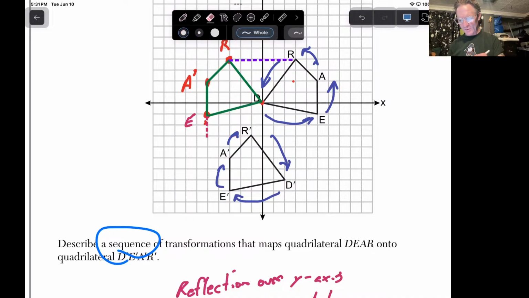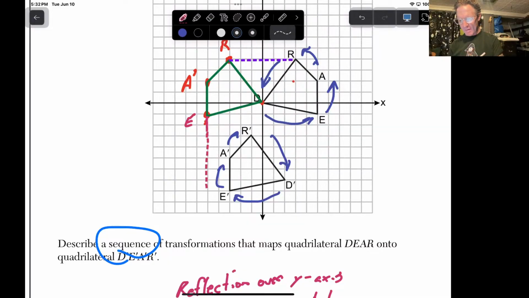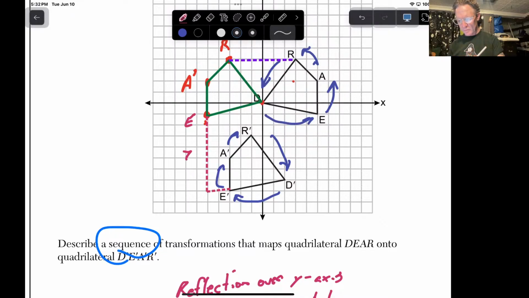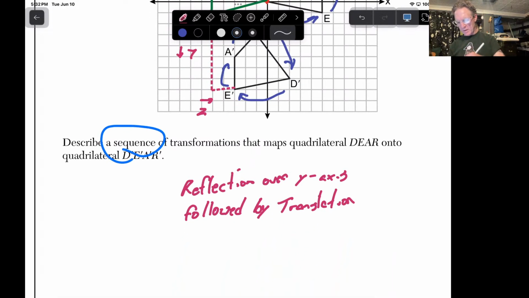E is going down 7 and over 2. Translation down 7 and right 2.